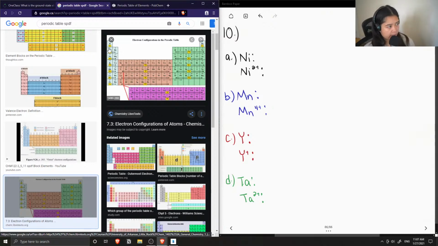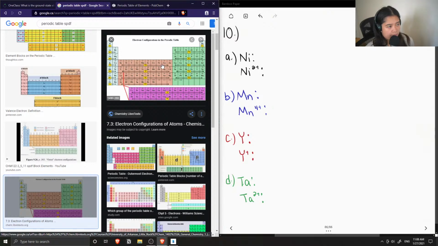So then starting from hydrogen, we move left to right across the periodic table, writing the row number and then the block letter, and then we kind of just go in order of increasing energy levels. And then once we get to the D block, you'll notice that when we write the row number, it's going to be the row number -1. And similarly with the F block, it's going to be the row number -2. Okay, so let's start off with nickel, which is found right here.